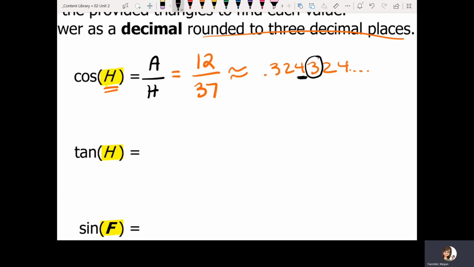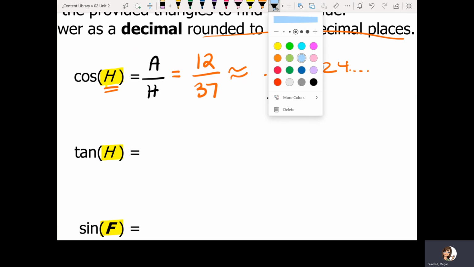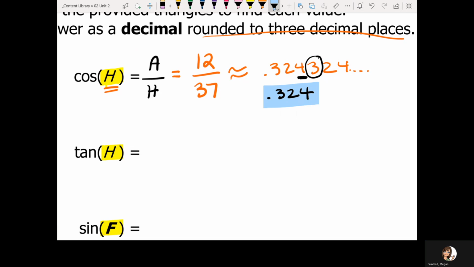It works. 4 or less, let it rest. That means this is going to stay 0.324. That is the answer that we will be looking for. Please make sure you understand how to round. If you don't, Google it, watch a video, practice. Not going to teach that, not going to practice that.